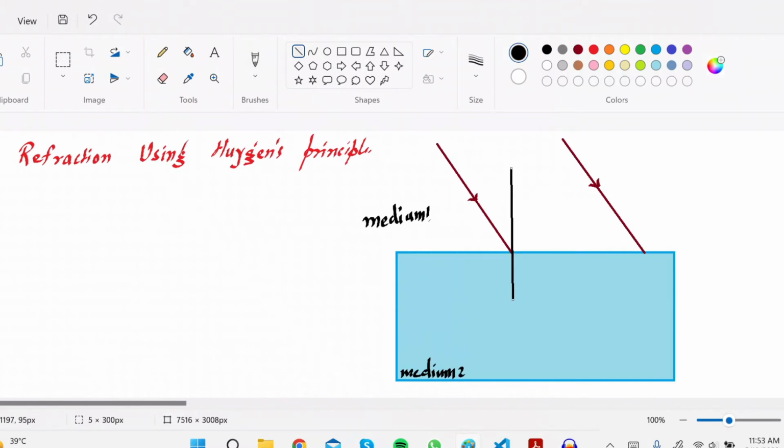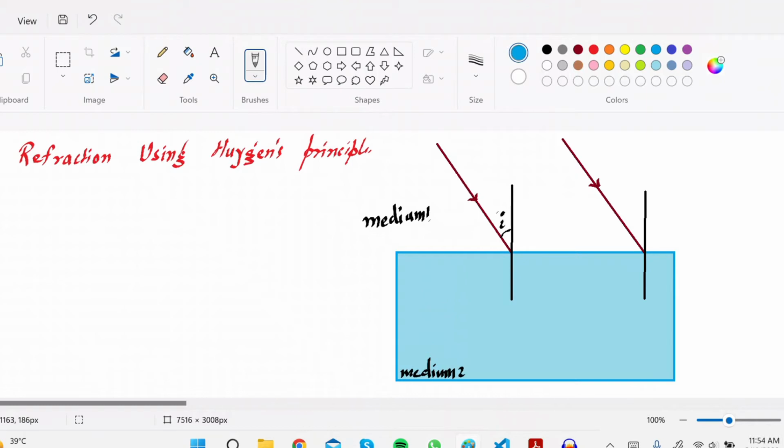What is normal? 90 degree to the surface, the medium at the point of incidence. This is the first one. The second normal is over here. This is 90 degree over here. So this is the angle of incidence over here.